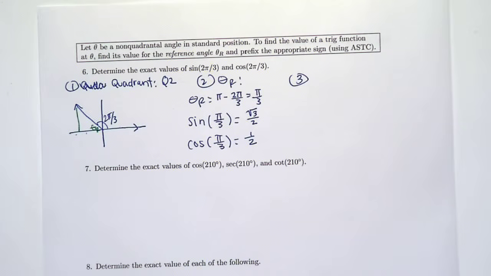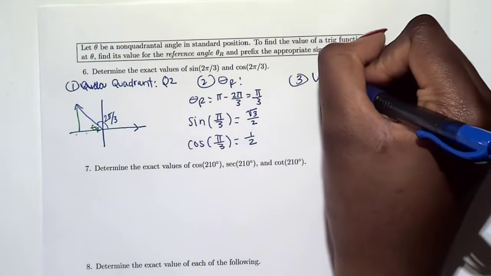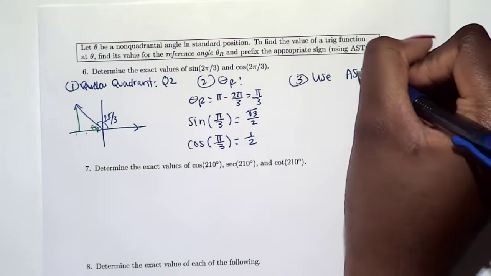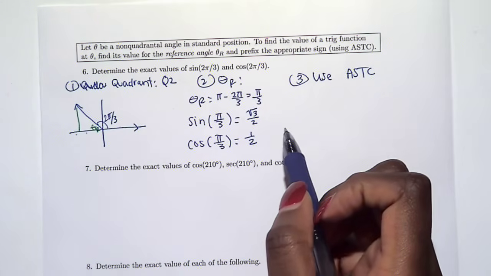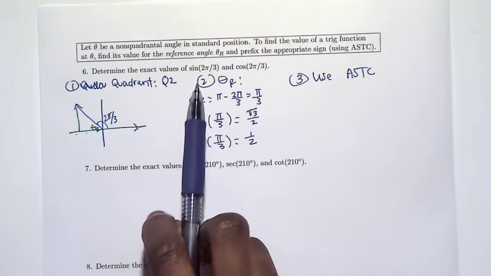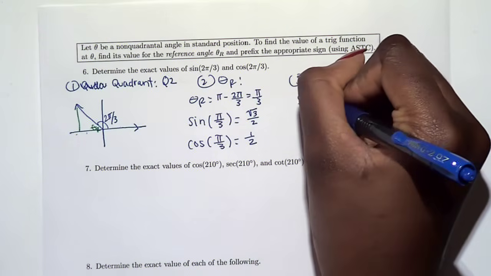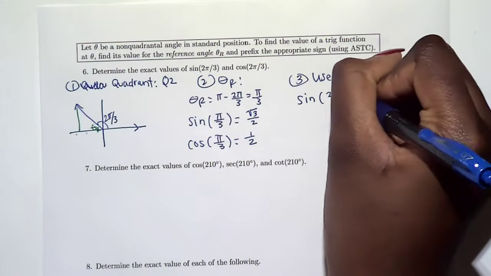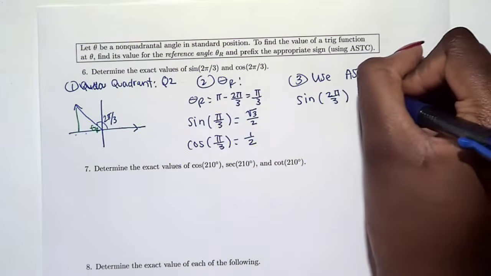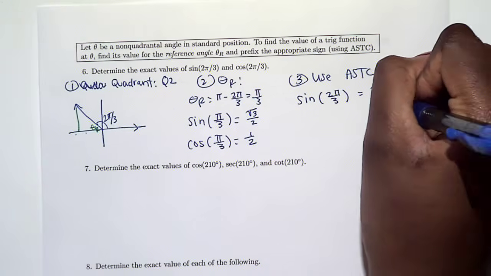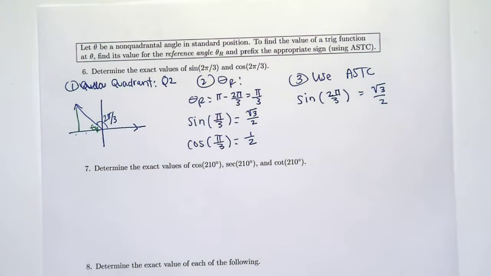Next, we want to get the actual answer to the question we were talking about. We want to use all students take calculus. All right, so the reason we're using reference angles is because they're going to give us the same trig function values that we want. So sine of 2 pi over 3 is going to be the exact same thing as sine of pi over 3. However, the sign may be different.